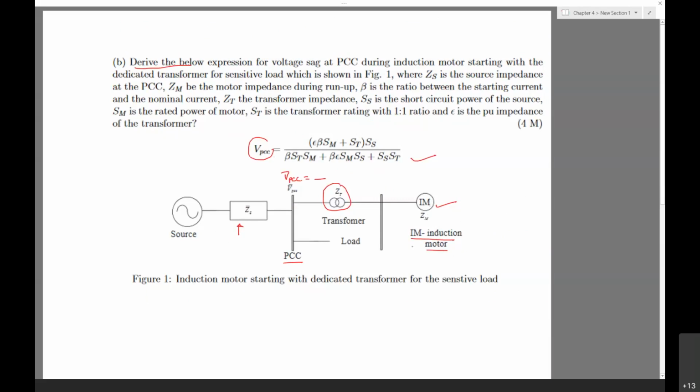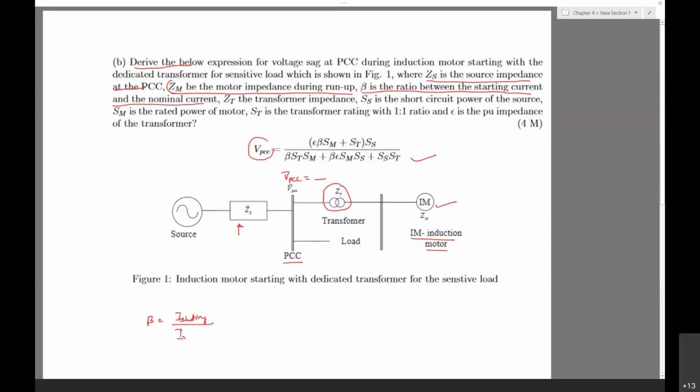What they have given is: Zs is the source impedance at the PCC, whereas Zm is the motor impedance during run up, where beta is the ratio between the starting current and the nominal current.